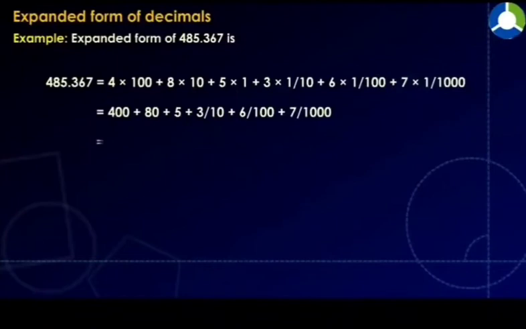Very easy, children. Now children, which again equals 400 plus 80 plus 5 plus 0.3 plus 0.06 plus 0.007.